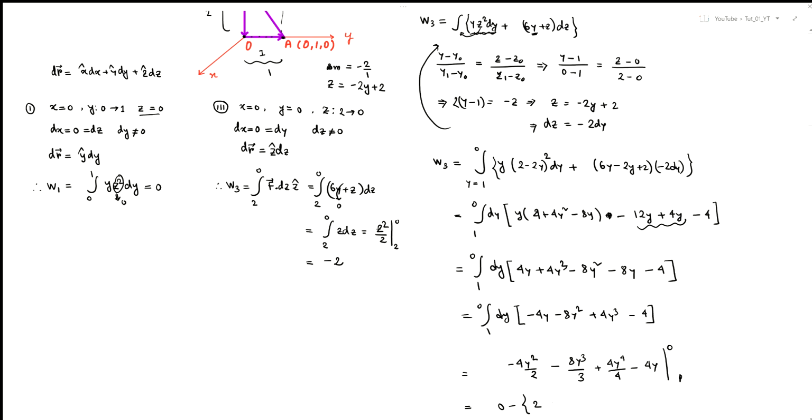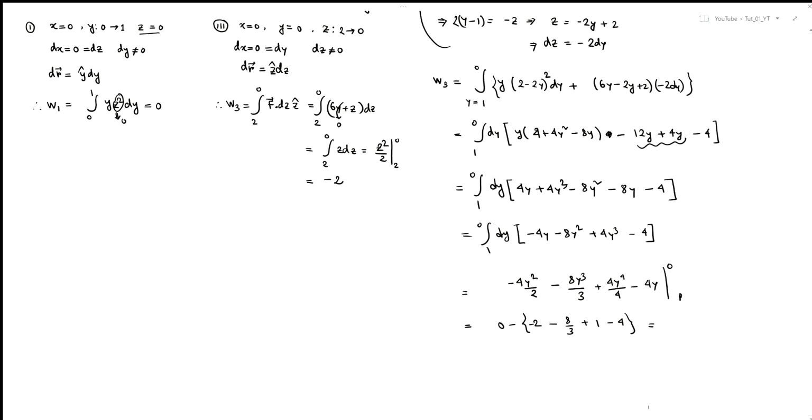This will give 2 minus 8 by 3 plus 1 minus 4. So this will become minus 2 minus 4 minus 6 plus 1 minus 5, that is 5 plus 8 by 3. So this will give us 23 by 3, I think.